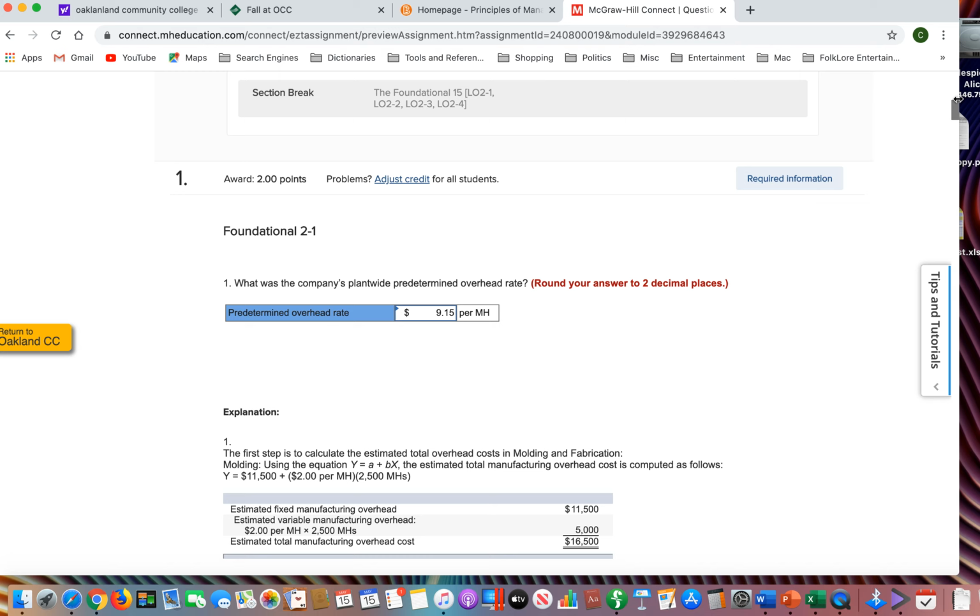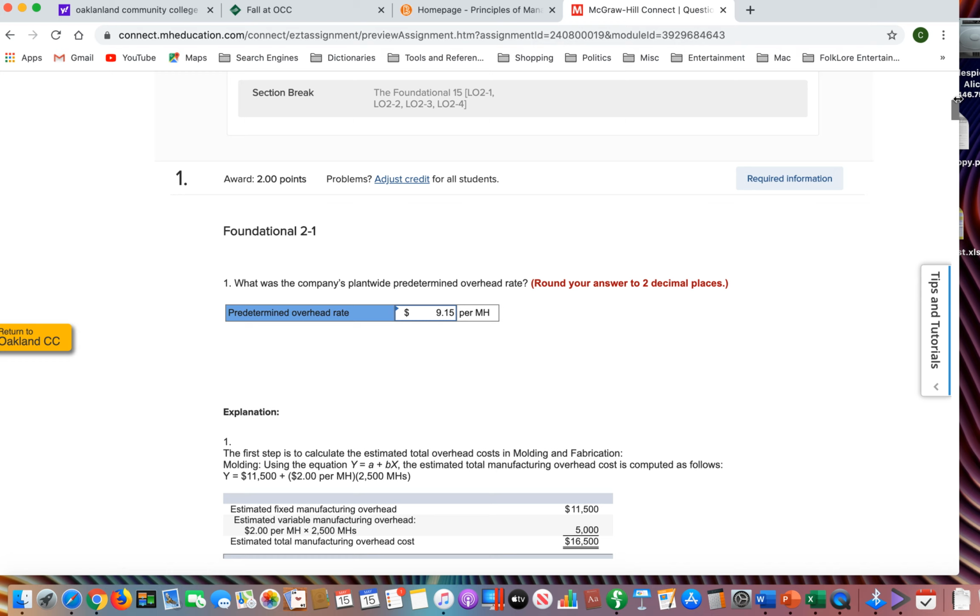Well, if we go back up here to the top, we see for the molding department, the fixed cost is $11,500. And the variable portion is $2 times $2,500. So we know that the total overhead, both fixed and variable, is $16,500.